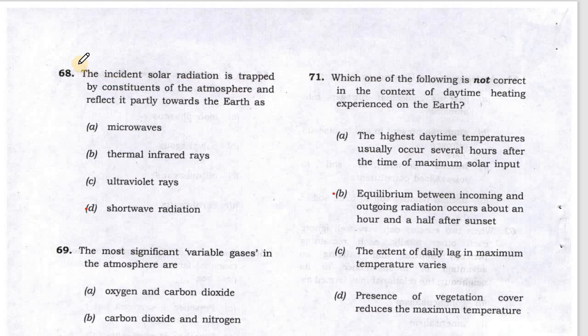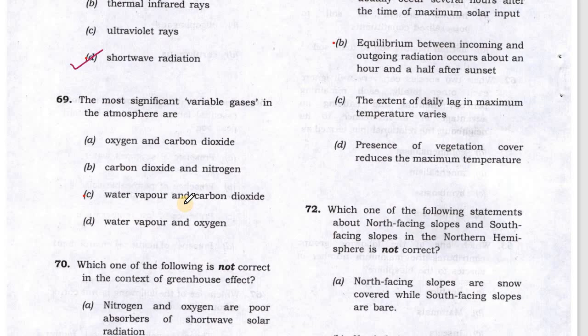Next is the 68. The incident solar radiation is trapped by the constituents of the atmosphere and reflected partially towards the earth as, so this is the short wavelength. Next is the 69. The variable gases in the atmosphere are, so the water vapor and the carbon dioxide.